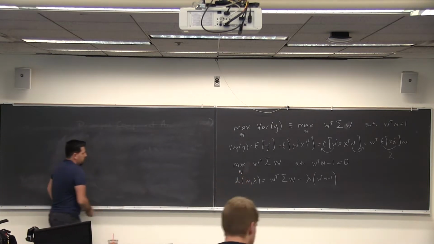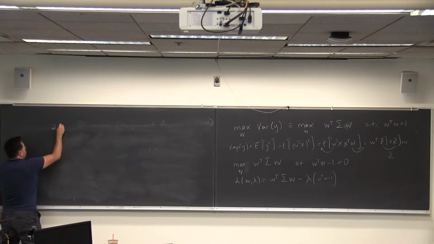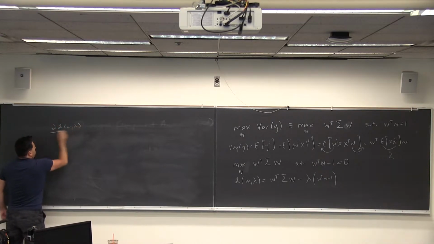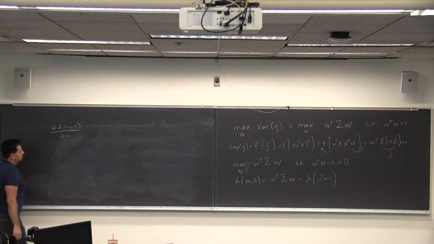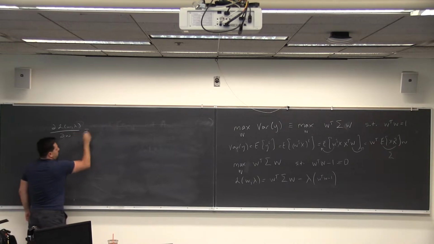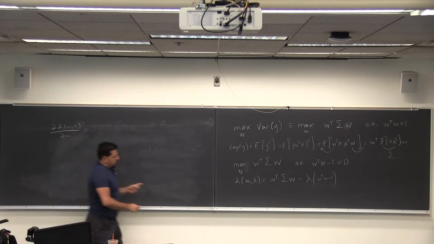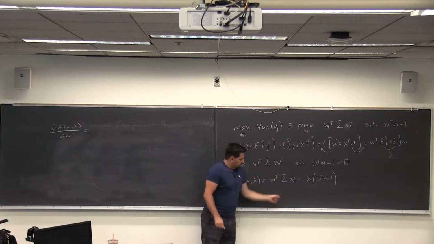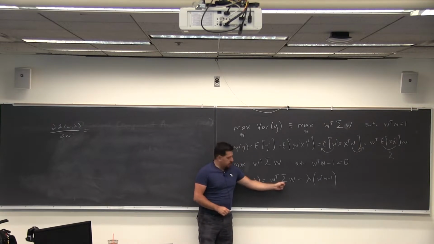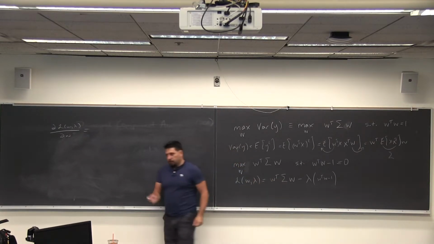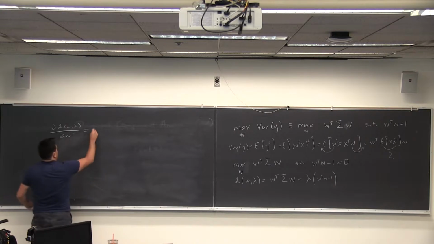Okay, so the derivative of the Lagrangian with respect to W. I'm writing transpose here so that it becomes a column vector. The derivative of a quadratic term with a symmetric matrix in the middle is 2 sigma W. You can go check the matrix cookbook for this.